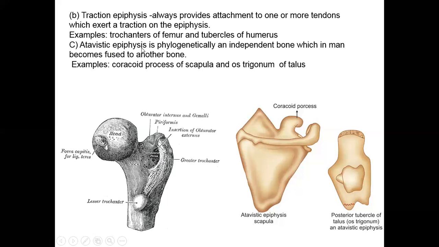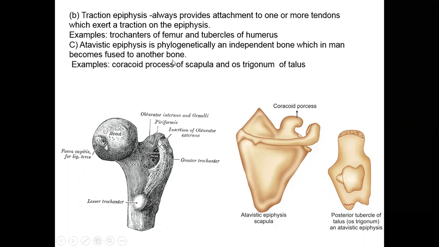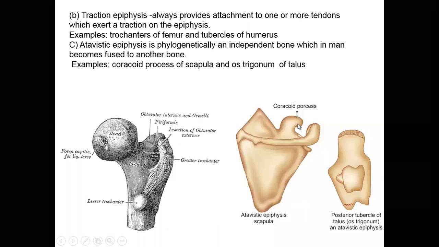The next one is atavistic epiphysis. Atavistic epiphysis is little different. They are phylogenetically independent bones. They are separate bones in other animals, but in man, it fuses with another bone. For example, this is scapula, and this part of the scapula is called coracoid process.